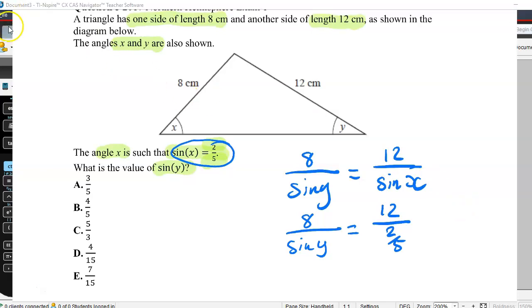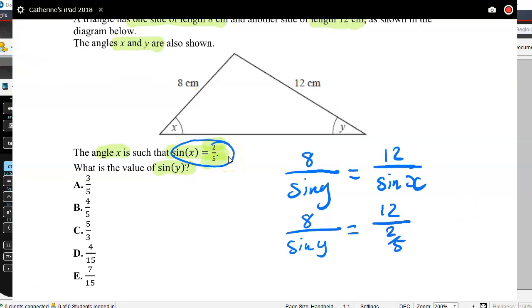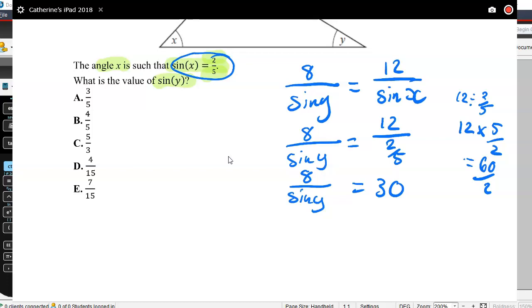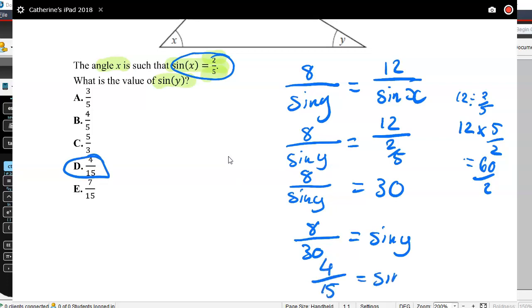I'm sure most of you will be able to figure out that 12 divided by 2 on 5 is the same as 12 times 5 on 2, which is 60 divided by 2, which is equal to 30. So 8 over sine Y is 30, so 8 divided by 30 is equal to sine Y, and that is the answer.